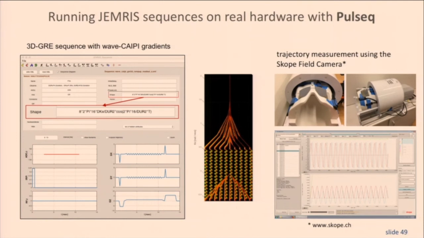This is of course a huge project for a PhD student, because you also have to implement the sequence on the Siemens scanner, but because we have this PulseSec interface, the PhD student could simply program the scanner using this graphical user interface.